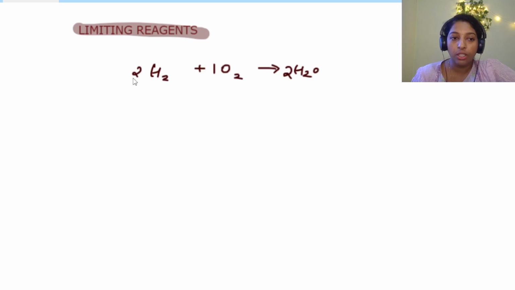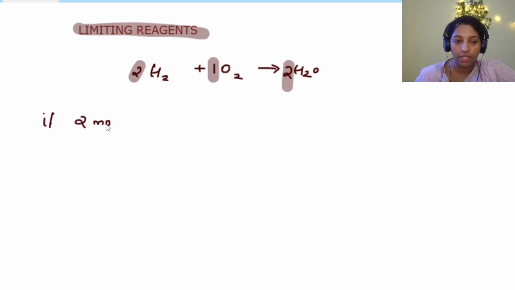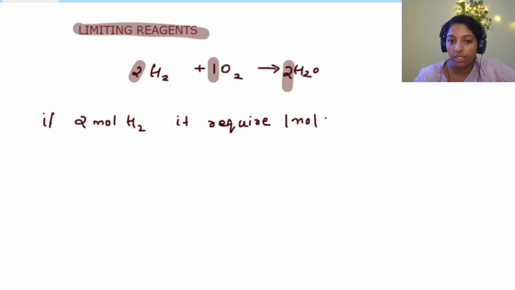So 2 moles of hydrogen require 1 mole of oxygen and they will form 2 moles of water. That is what this ratio means.